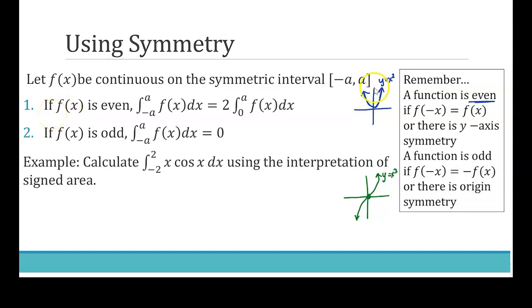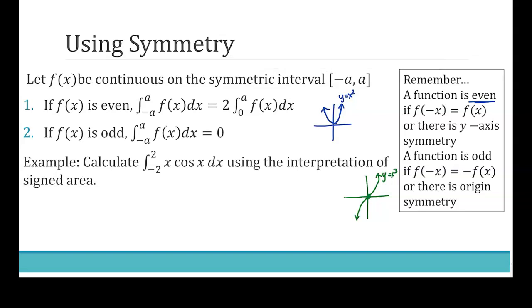So if we have that symmetric interval, and the function is even, and we're trying to do the integral from negative a to a of this even function f of x dx, think of this y equals x squared that I have drawn over here for a second. This is an even function.